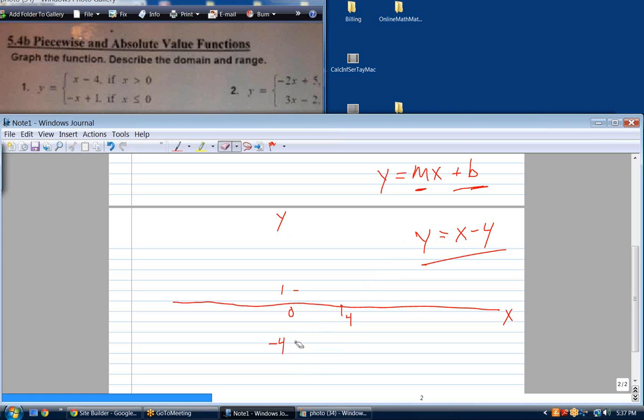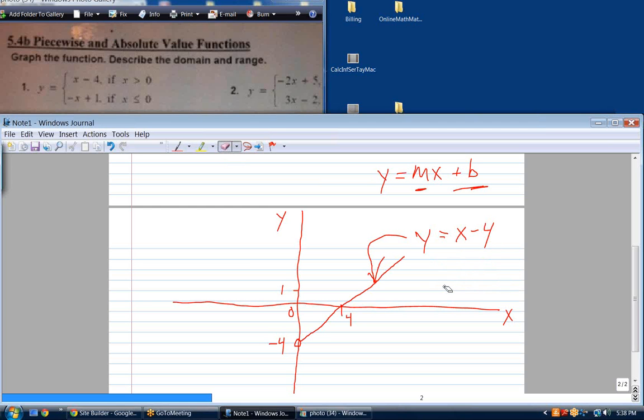Hold on, I erased the dot, I'll put it back. It's an open dot because this is whenever x is greater than 0, not counting equal to 0.